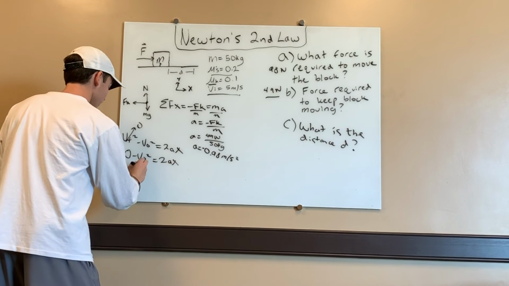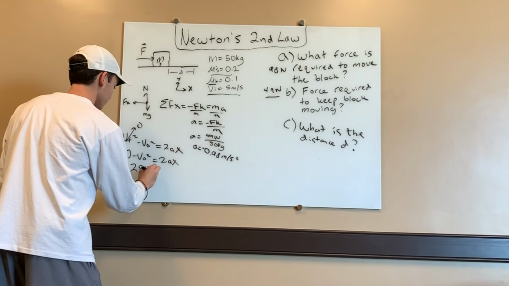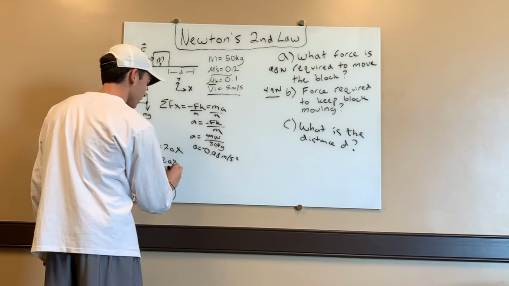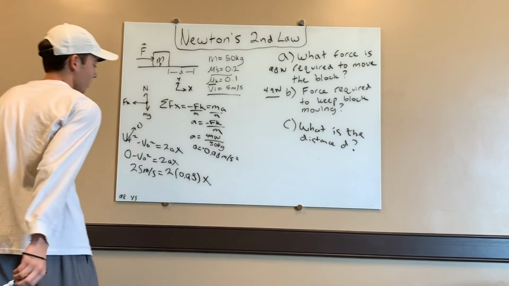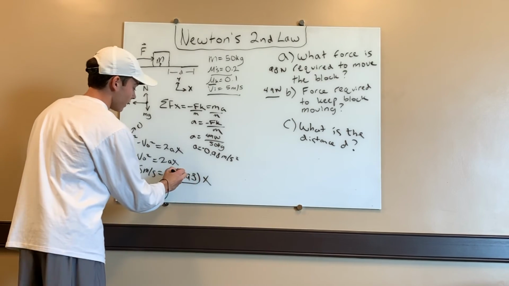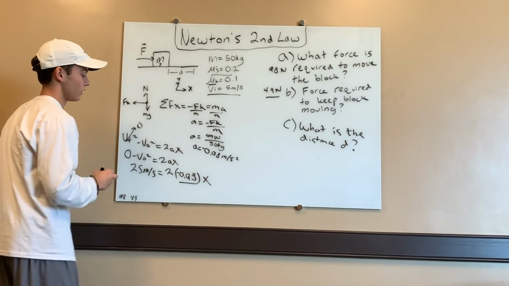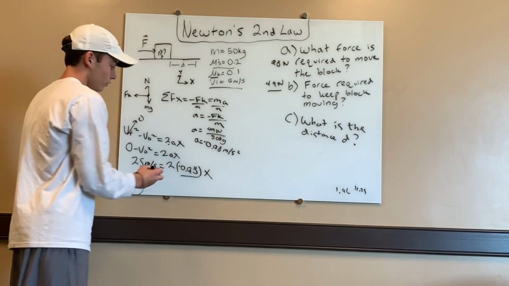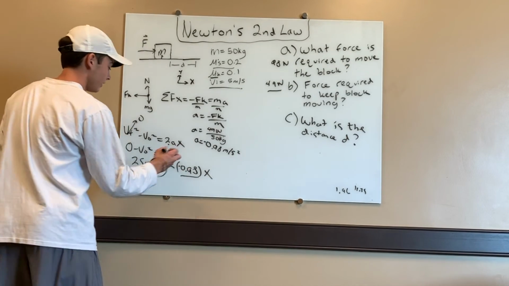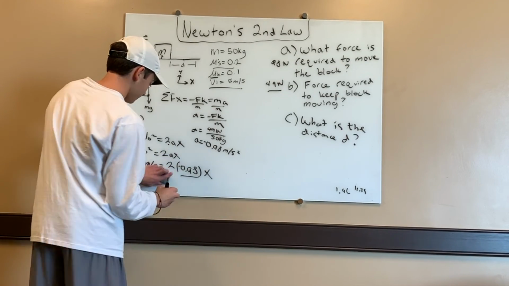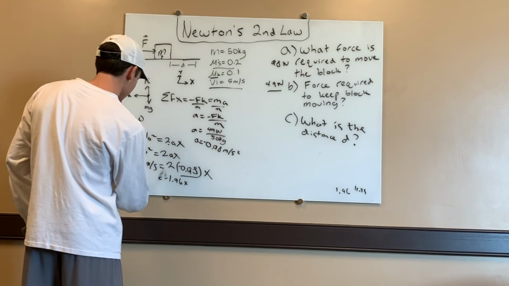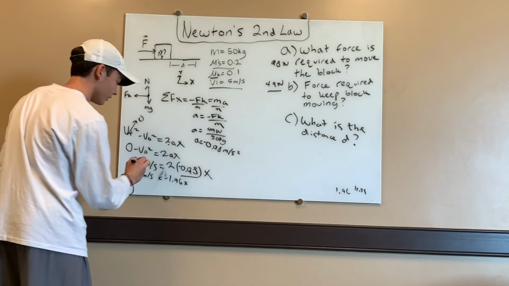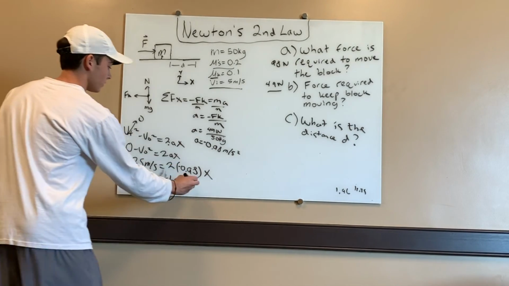We're going to get 25 meters squared per second squared equals 2 times negative 0.98x. We're putting in the negative 0.98 for our a in this equation. So 2 times negative 0.98 equals negative 1.96x. And we still have our 25 on this side. So let's bring this out here.